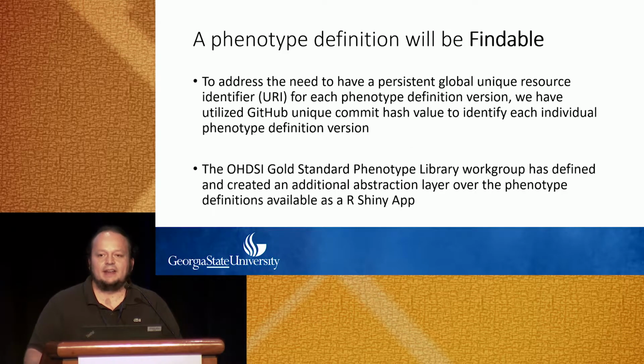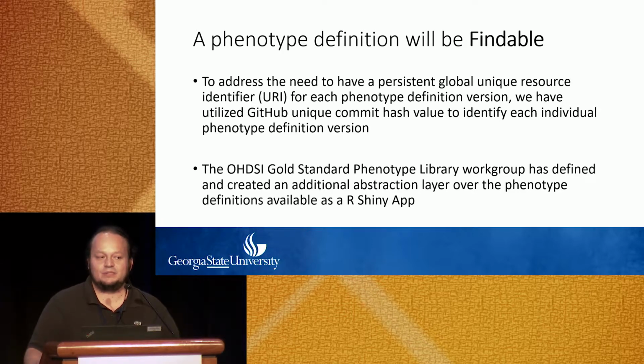What we're adding is that, for this definition to be findable, we need a persistent, globally unique resource identifier, or URI, for each phenotype definition version. That's not very hard, and we can even use a GitHub commit or something like that. As a plug, the OHDSI Gold Standard Phenotype Library work group is working on having a place to put them, so it's linked to that.